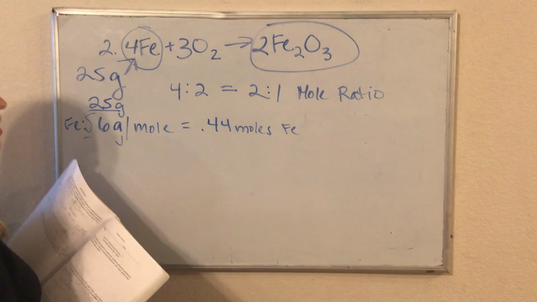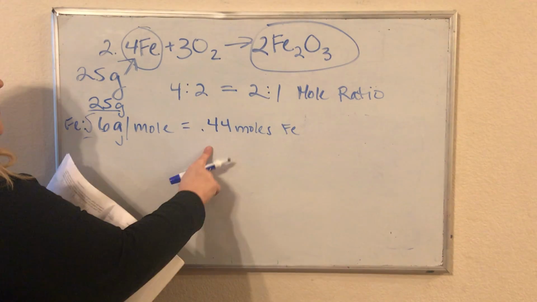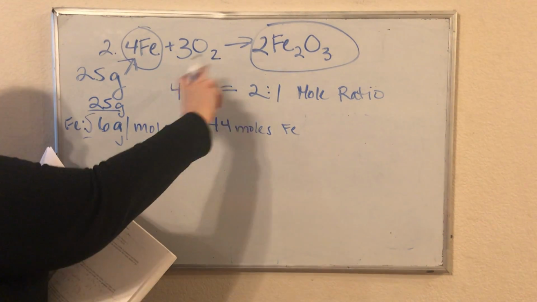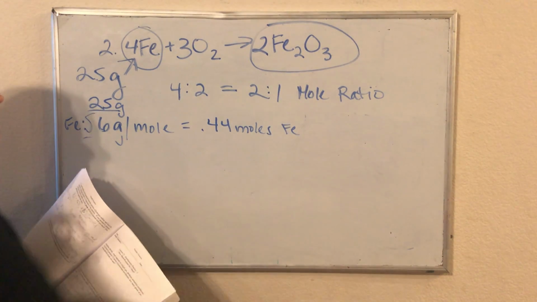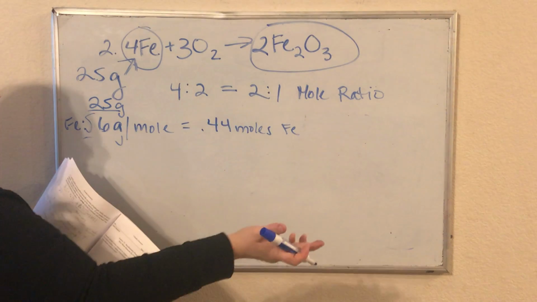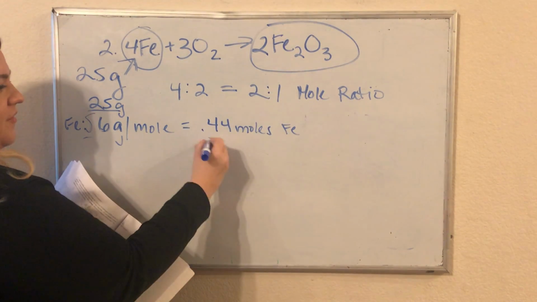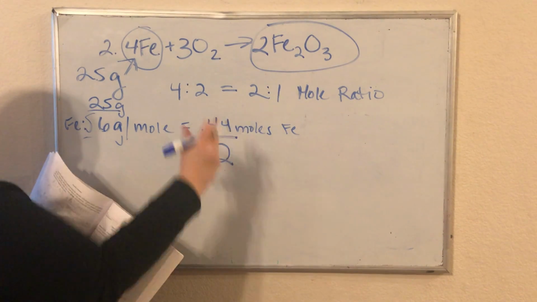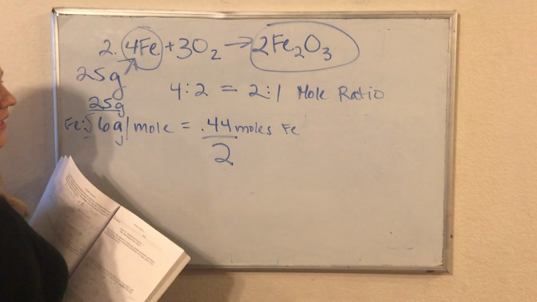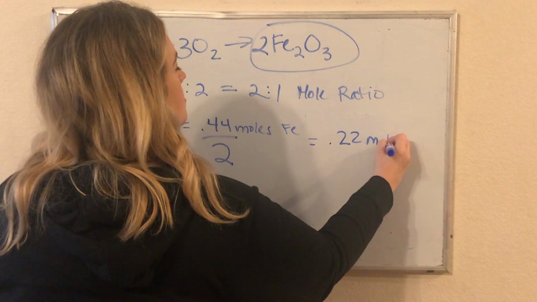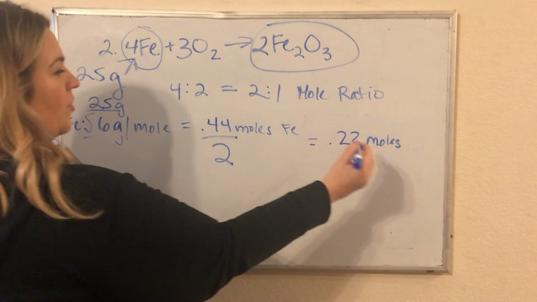Okay? So in this reaction, if we have 0.44 moles of iron, that will yield how many moles of iron oxide? Well, our mole ratio is 2 to 1, so you just divide it by 2, okay? The amount of moles that you have, and that equals 0.22 moles of iron oxide.